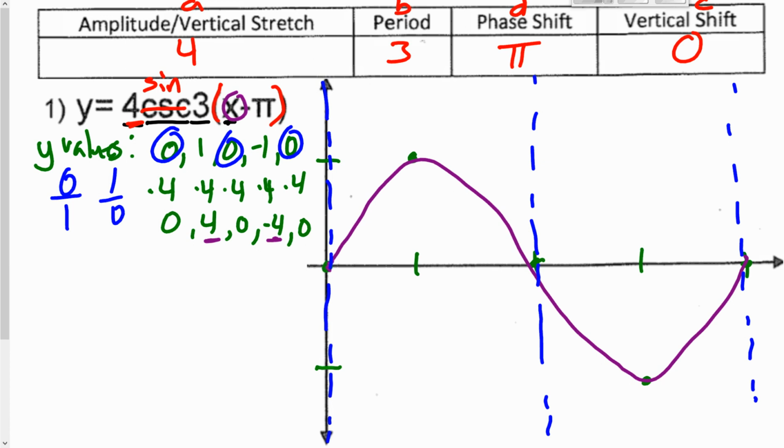Okay, so we're going to go ahead and flip these, and if you want to, you could put in just normal cosecant of say pi 4th, or actually an easier one is pi 6th. So sine of pi 6th is 1/2.